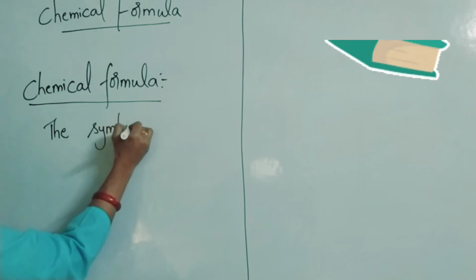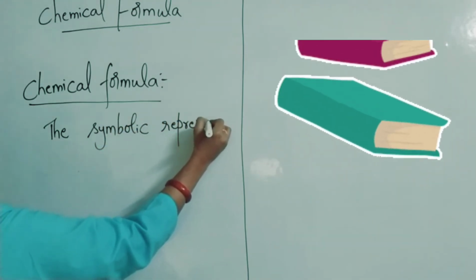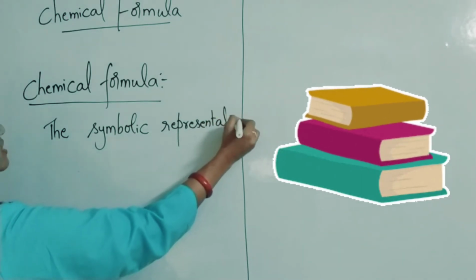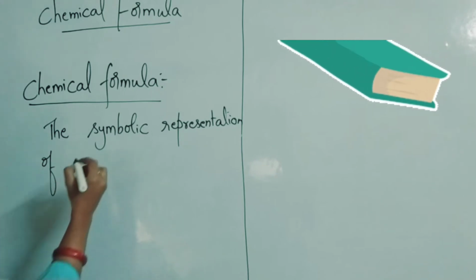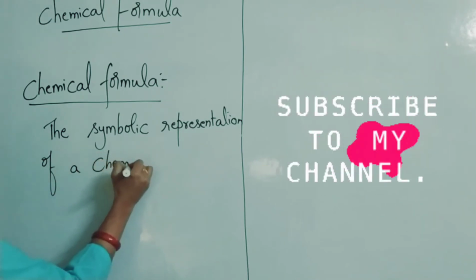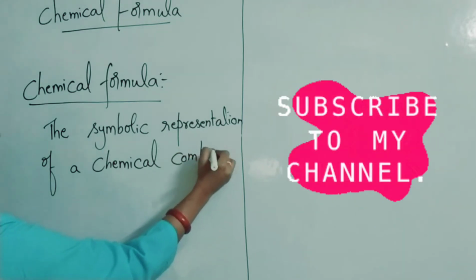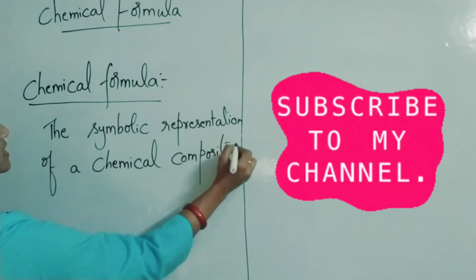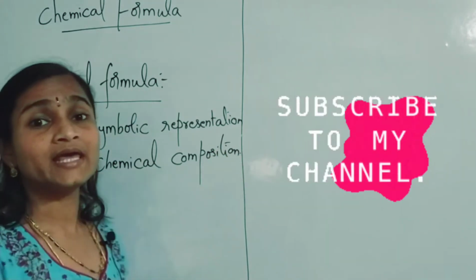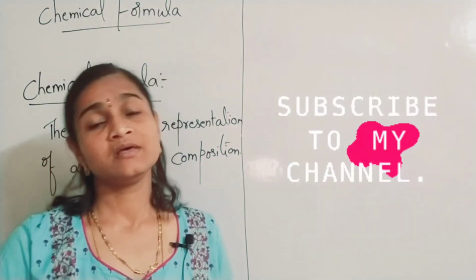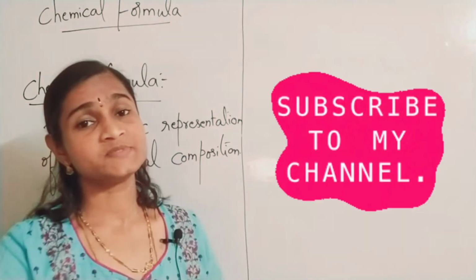The symbolic representation of a chemical composition is called a chemical formula. It gives the exact number of atoms of different types that are present in a given substance.